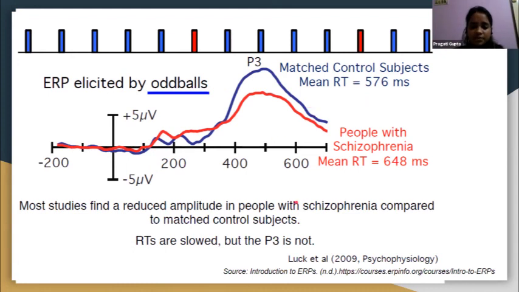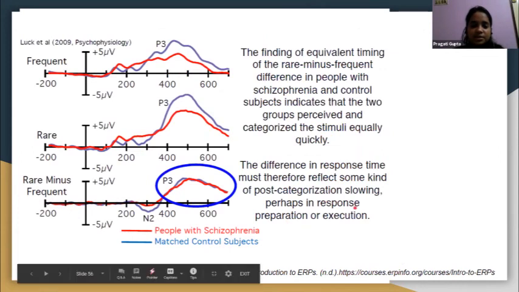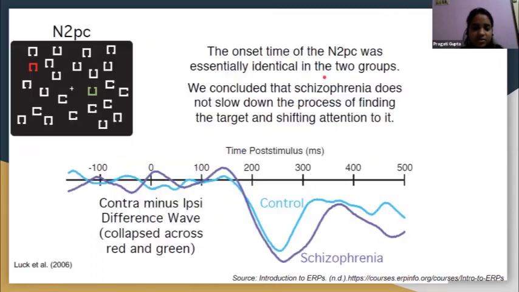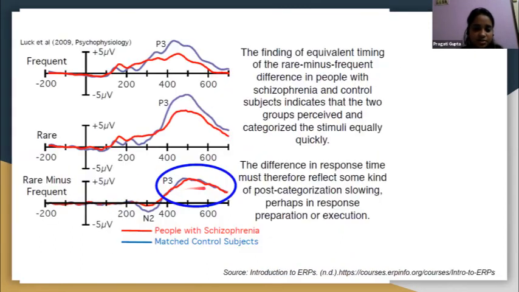With the help of this component, they have determined that it might be post-categorization slowing. It is not the perception which is delayed, but the post-categorization slowing. We see similar amplitude, but the problem is in the post-categorization slowing, which is observed through the rare minus frequent difference wave.